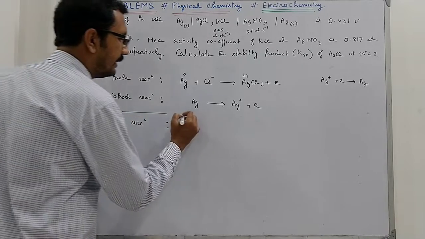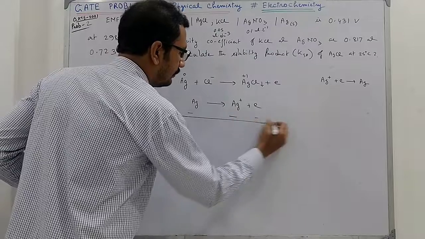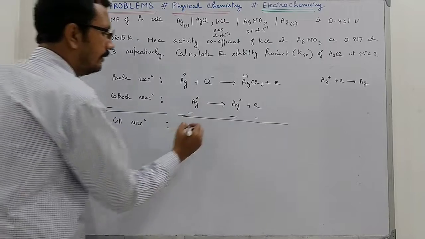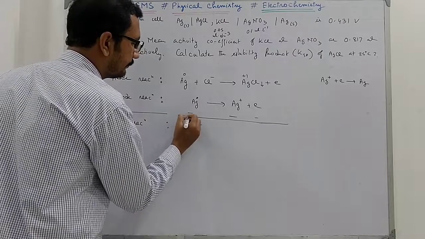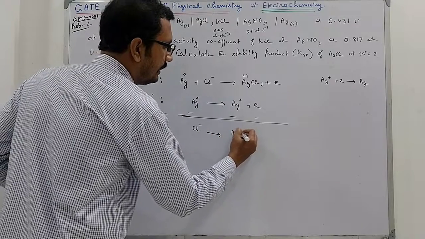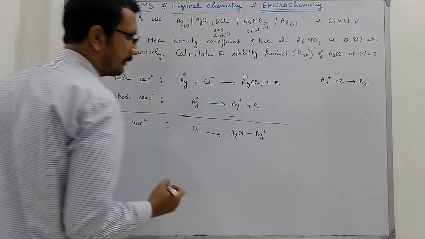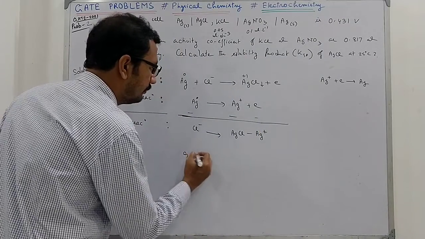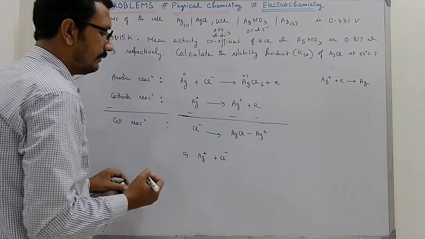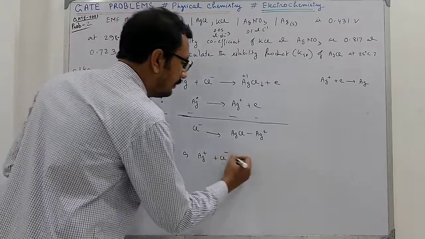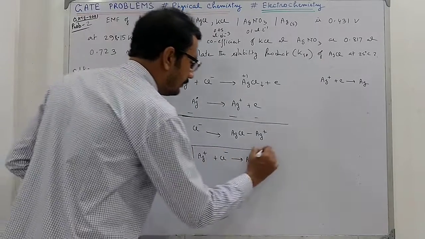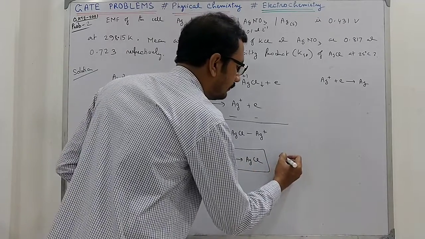The cell reaction will be given as: this Ag will cancel, this is also in the zero oxidation state, so it will be Cl minus arrow AgCl minus Ag plus, or Ag plus plus Cl minus, taking it to the left-hand side, arrow AgCl. So this is the cell reaction.